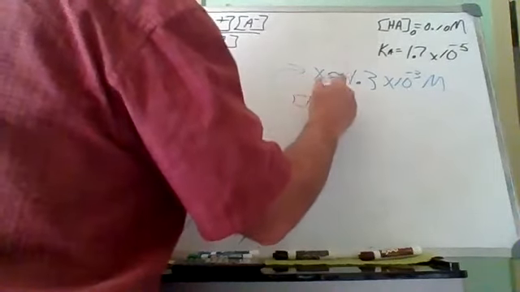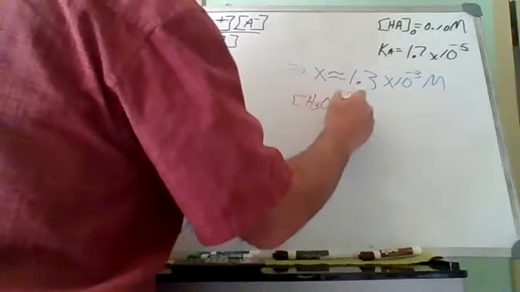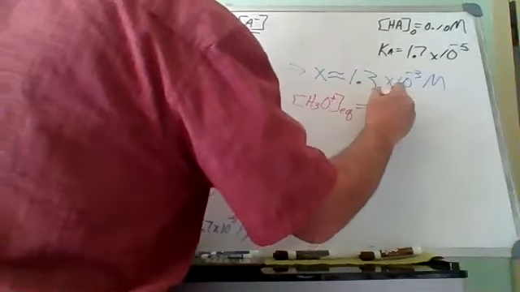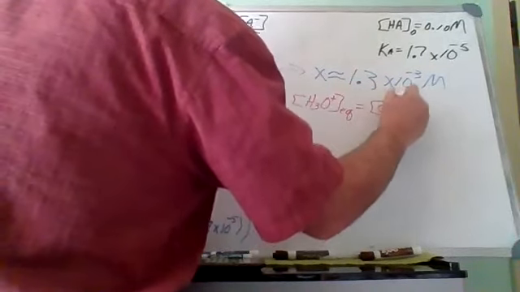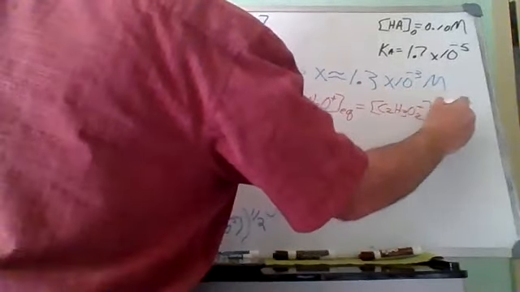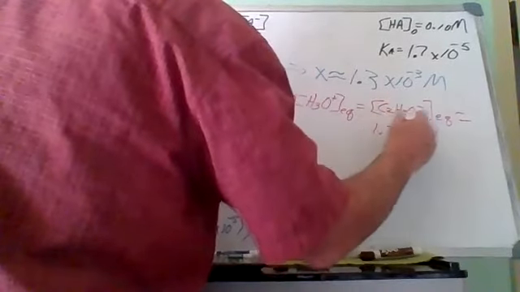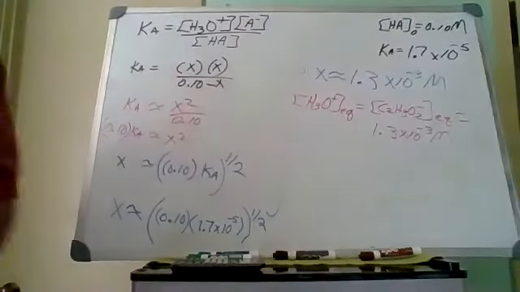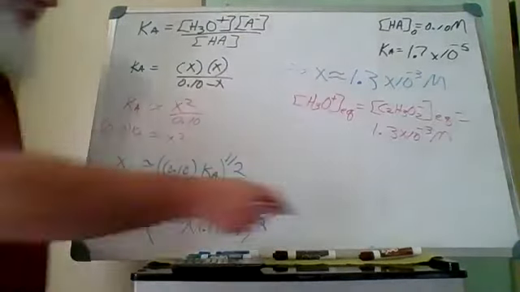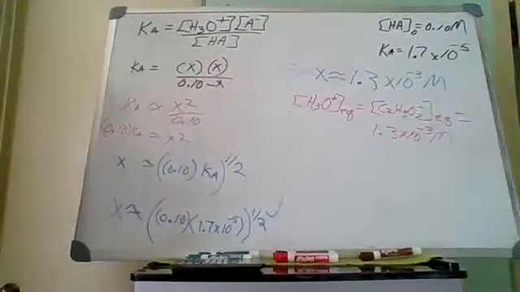H3O plus at equilibrium equals the concentration of acetate anion at equilibrium, which is equal to 1.3 times 10 to the -3rd molar. All right, and let's check in the back of the book, make sure that that's the right answer. Yes, it is. Okay, it's a pretty straightforward problem.